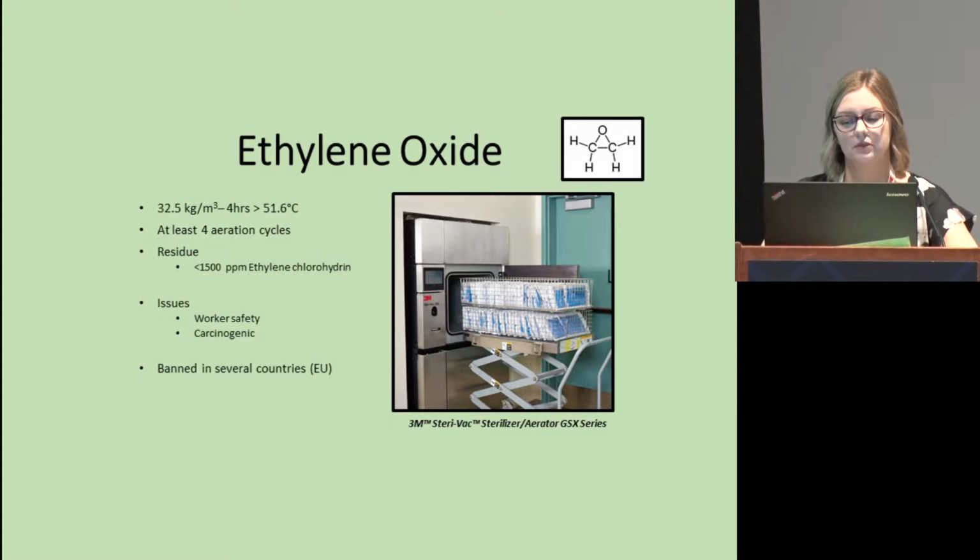The level permitted must align with good manufacturing practices. However, the byproduct residue, ethylene chlorohydrin, may not exceed 1500 ppm. The treatment also must be followed by an aeration period in order to ensure all the gas is dissipated from the product. The downfalls of this sanitization method, unfortunately, include it being carcinogenic and having quite explosive properties.